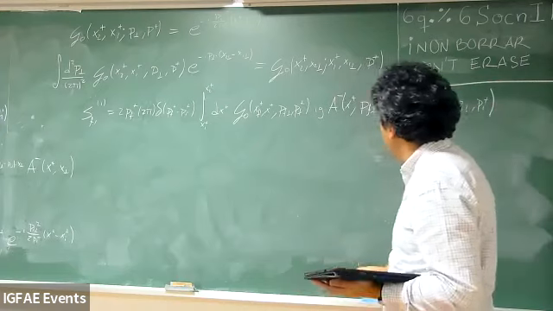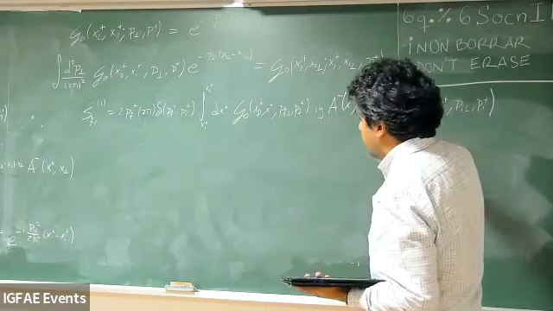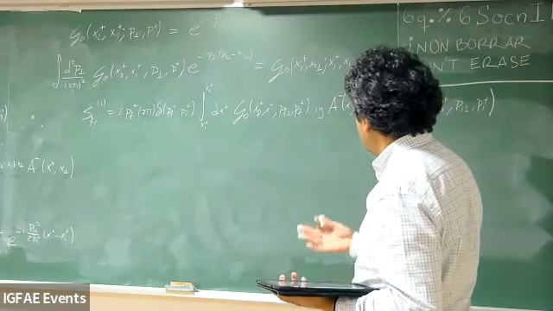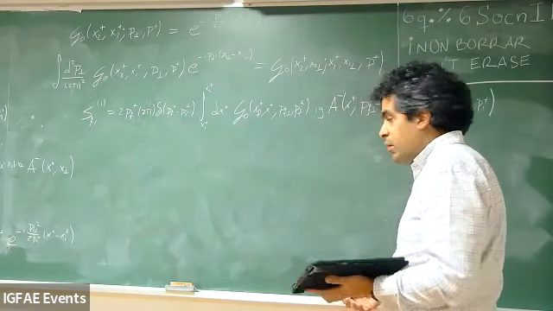Okay, very simple: vacuum propagator, interaction, vacuum propagator. That's it. What I'm doing here is making it explicit that the transverse part is different from the longitudinal part.